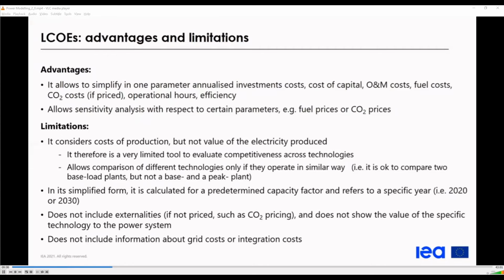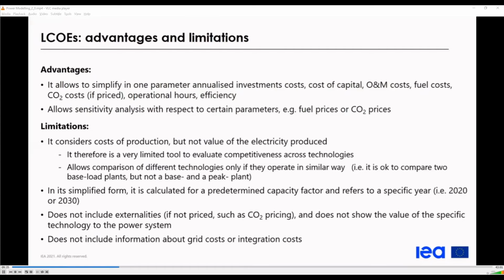The second limitation is that making comparisons across different technologies is complex or wrong. You need to go beyond and look at the screening curves as we did earlier for dispatchable technology. And this screening curve concept cannot be applied to renewable technologies because of these categories between peak and baseload plants.